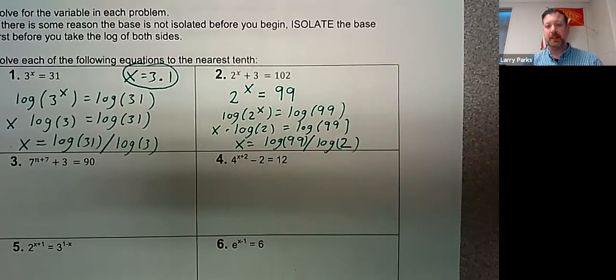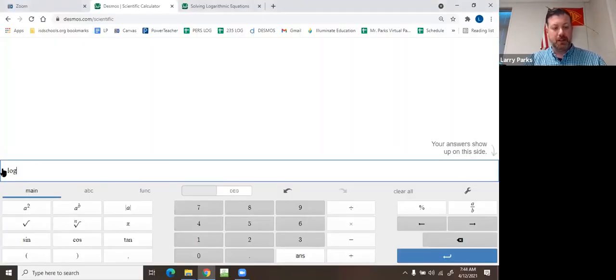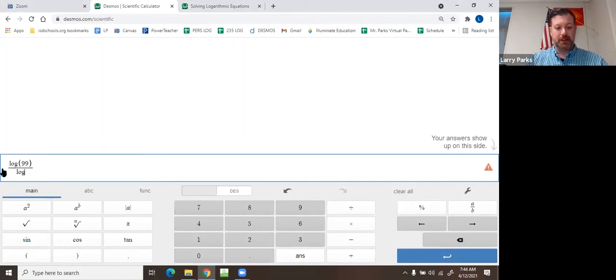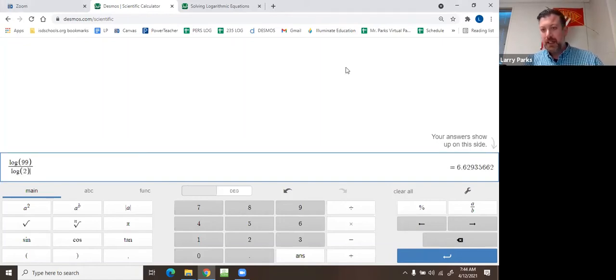Type that in my calculator. Log 99 divided by log of 2, I get 6.6293. So I'll say around 6.6 if I'm rounding to the nearest tenth.